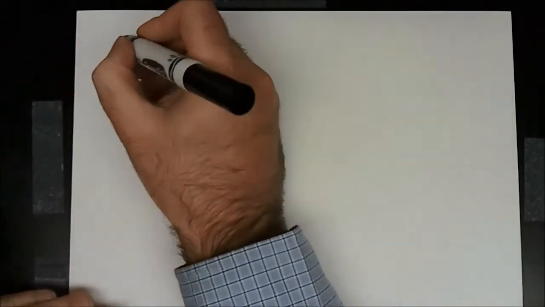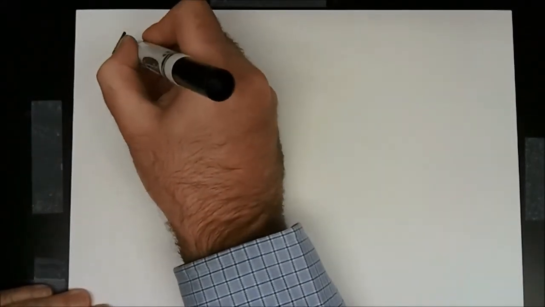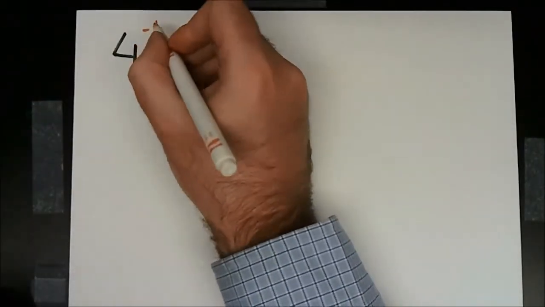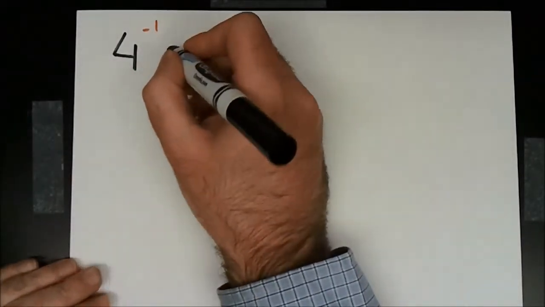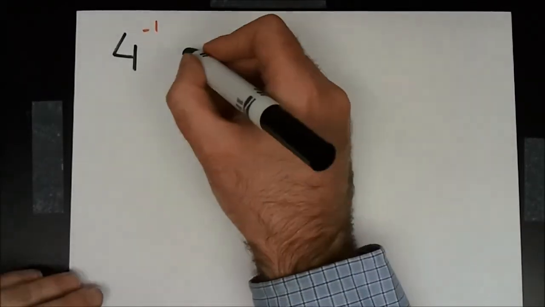So let's say I have 4 to the negative first power. Can someone tell me what I would do there? If you said, first of all, flip it, you would be correct. The inverse of 4 is 1 over 4.